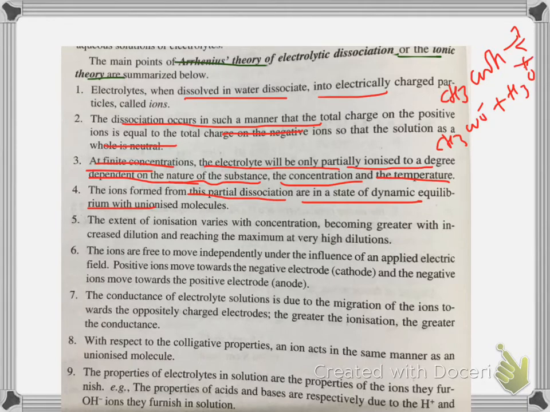If 56% of the molecules are dissociated, we will get 44 undissociated molecules and 56 dissociated ions.